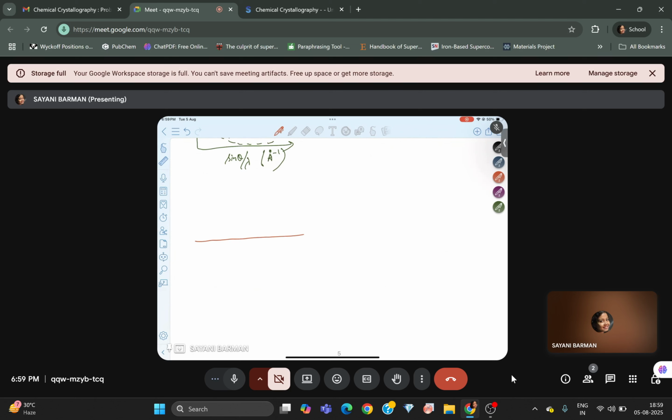Let's say there is a smaller atom, a smaller size of atom, like hydrogen or carbon. Those have smaller atomic numbers, right? So the beam comes like this and is diffracted like this. Now this makes the angle 2 theta, and this is the direct beam, right?